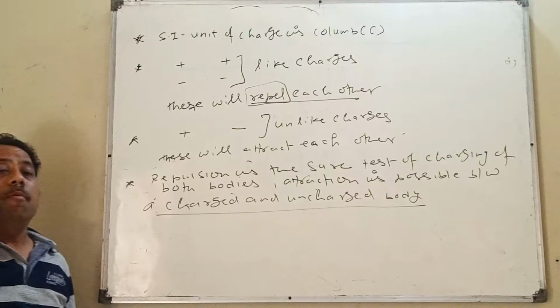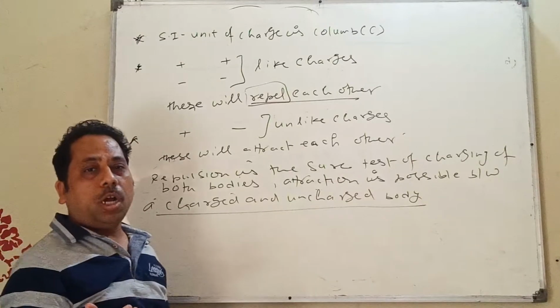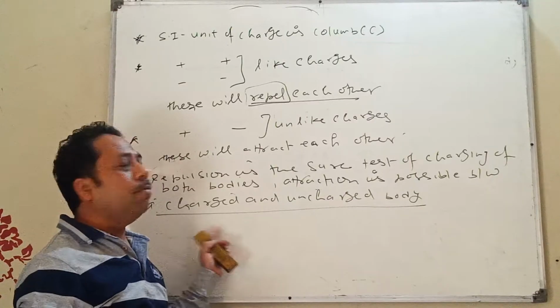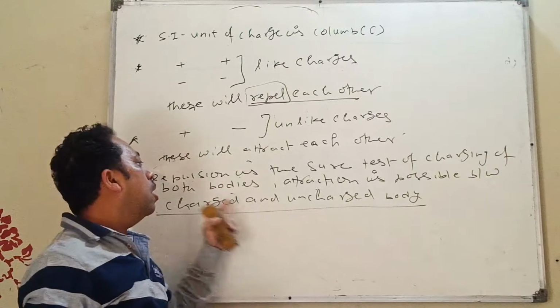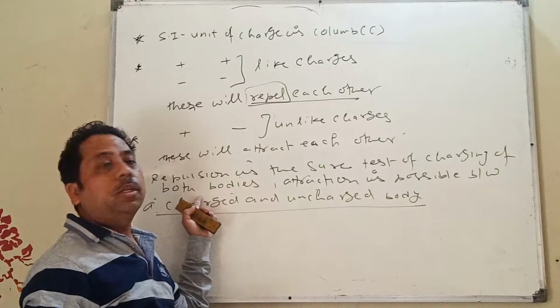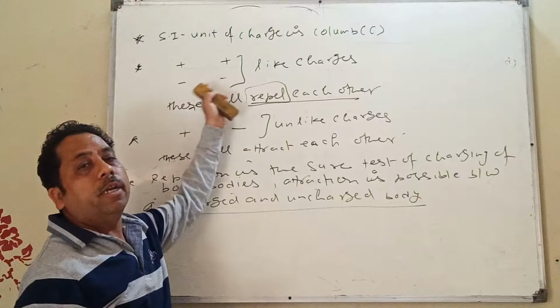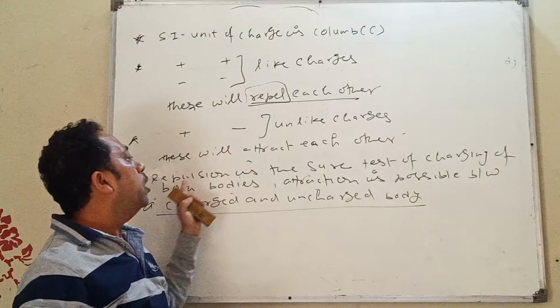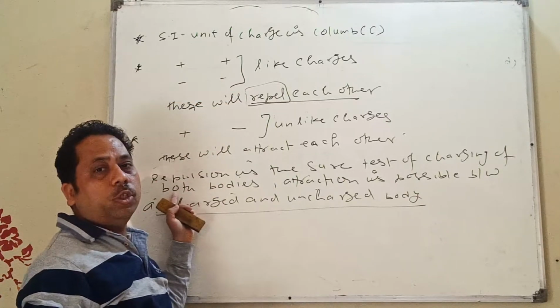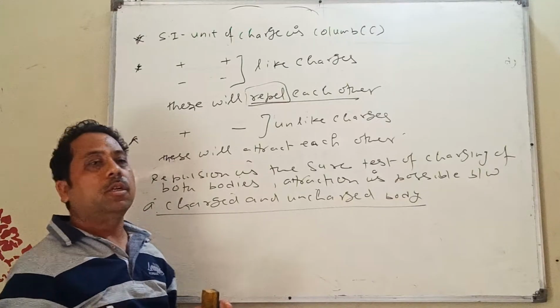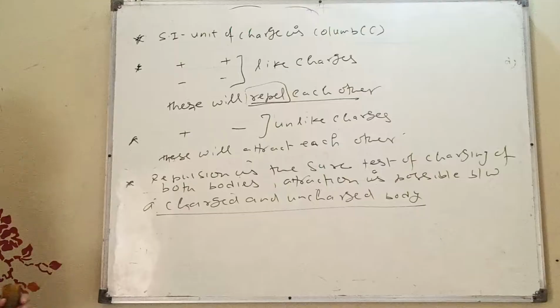By rubbing, the balloon becomes charged, but the wall is uncharged. So attraction is possible between a charged and uncharged body, but repulsion can be only between two similarly charged bodies. So we will be 100% sure that two bodies are charged only when they repel each other. These are the simple properties of the charges.